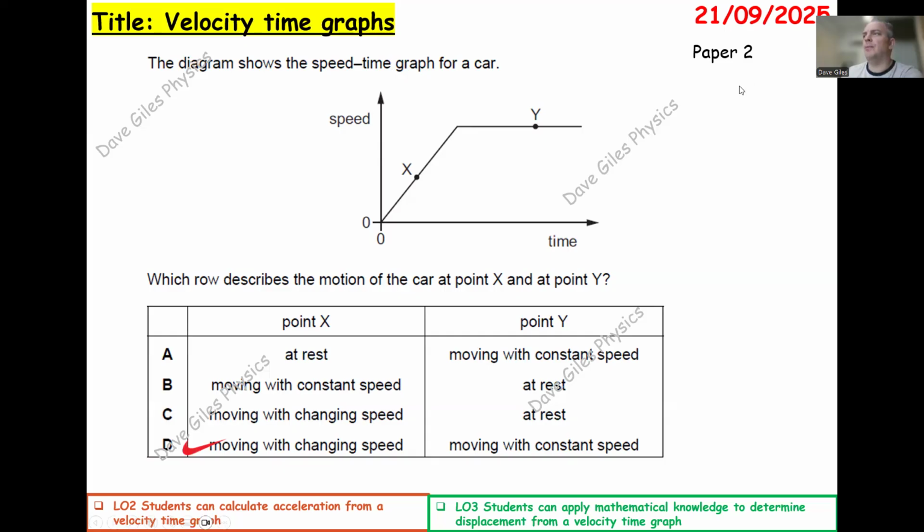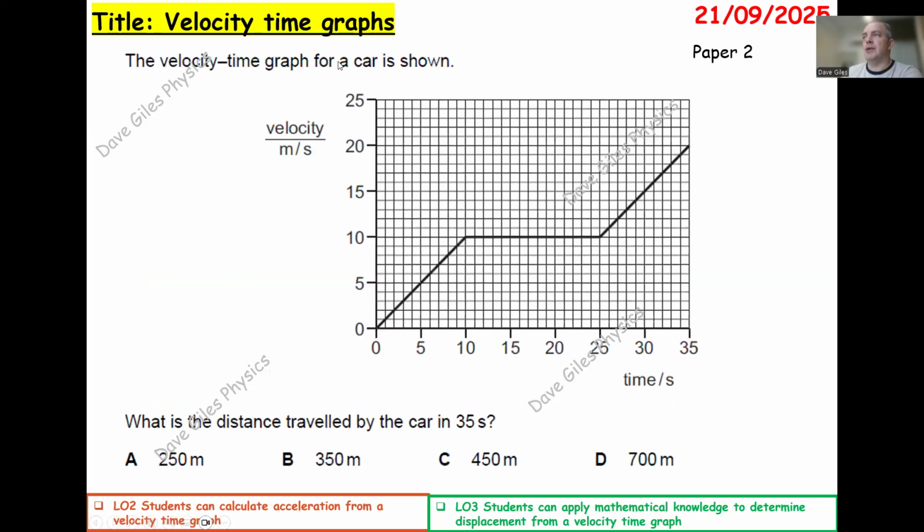And the last one, the velocity time graph for a car is shown. What is the distance traveled by the car in 35 seconds?